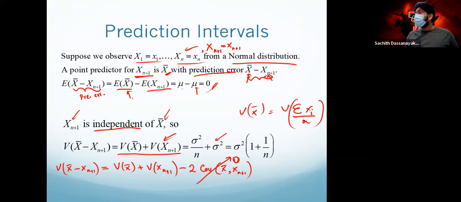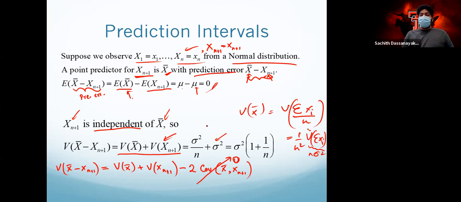If you remember, it is sigma squared over n, because the n comes out as 1 over n squared, so you have the variance of the summation of xi, which gives n times sigma squared. So you get sigma squared over n.